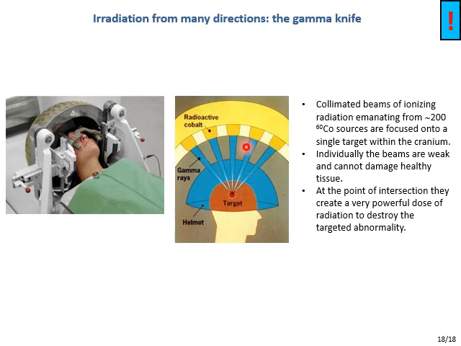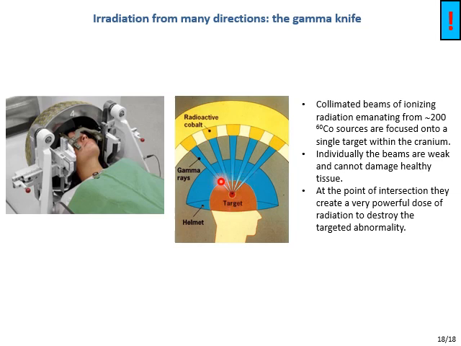Individually, these beams are relatively weak, but since all of them are aimed at the tumor, it will be hit by all of the beams, and therefore the damage delivered to the tumor is relatively large. Therefore, the tumor will be destroyed.